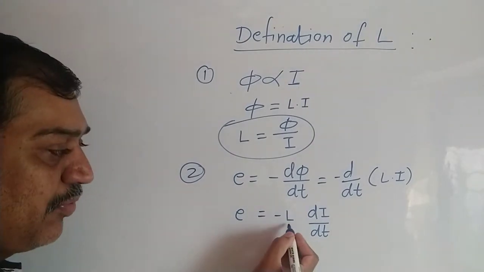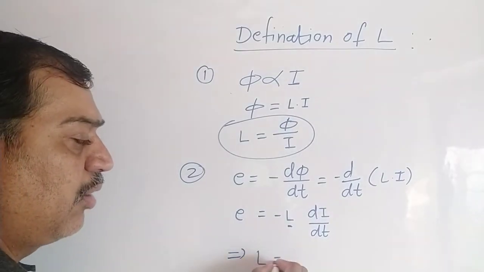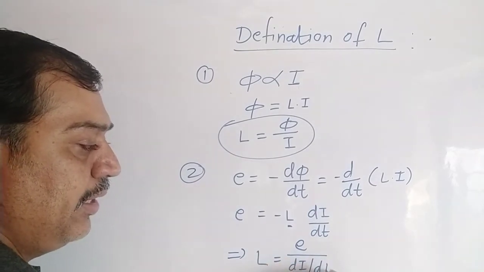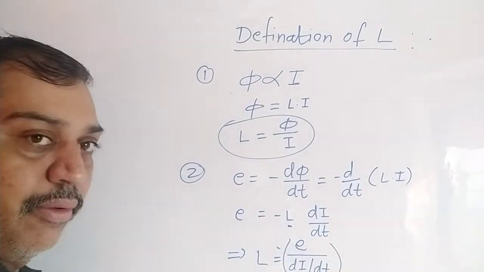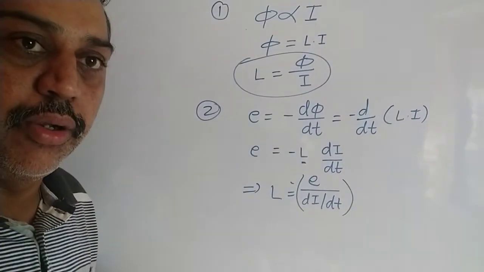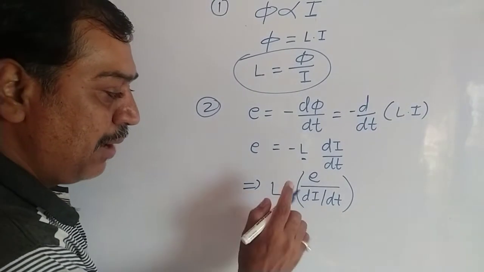From this, find the value of L: L equals E divided by di by dt, with a minus sign.